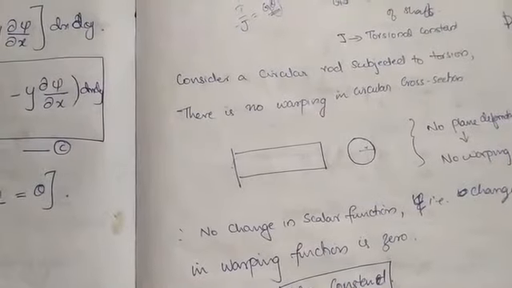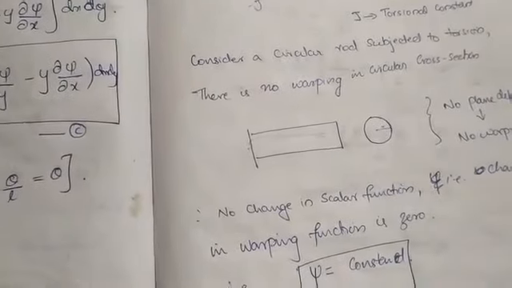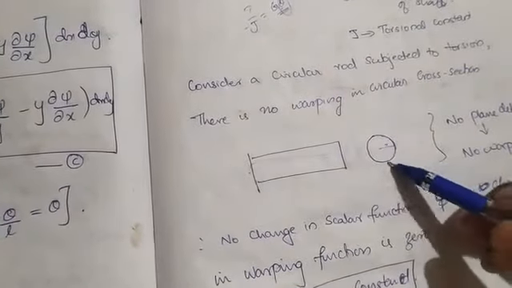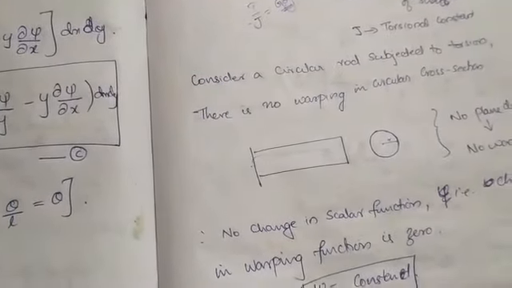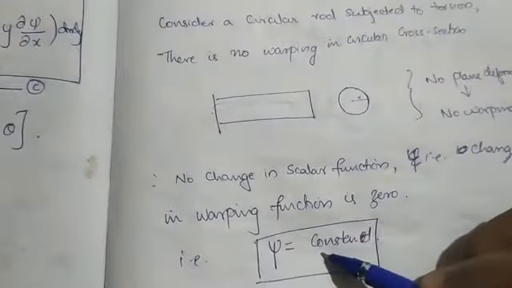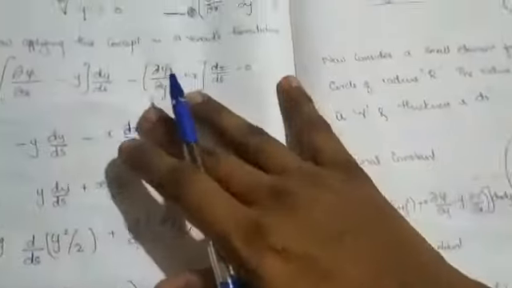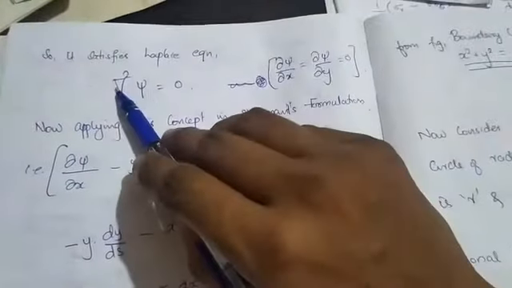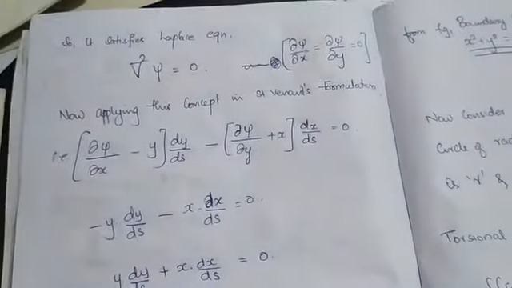So since warping is not occurring, there is no change in this scalar function, the warping function remains. No change means it's a constant. Now if you differentiate a constant, it becomes 0.